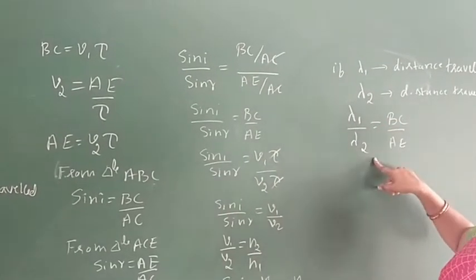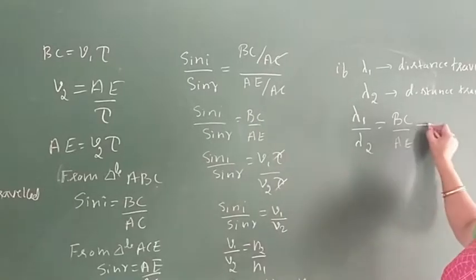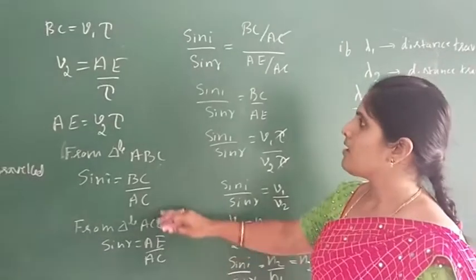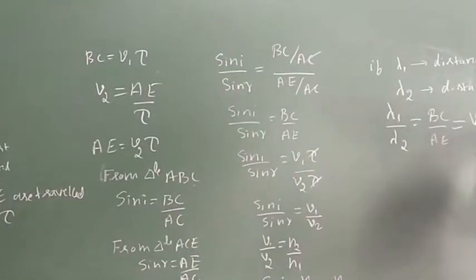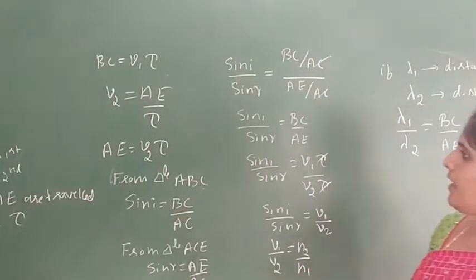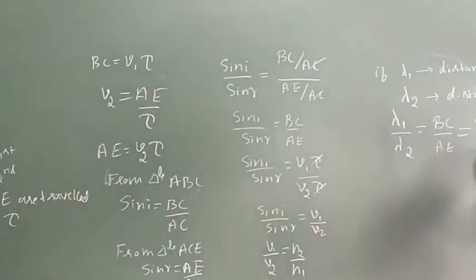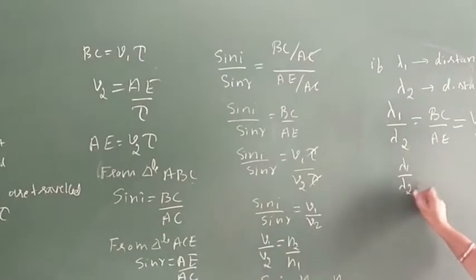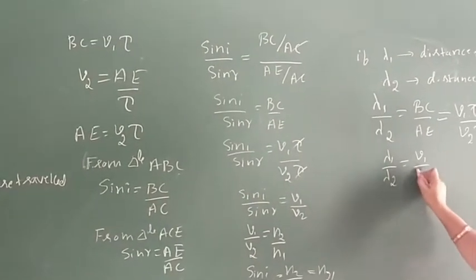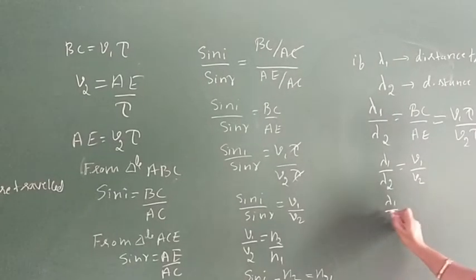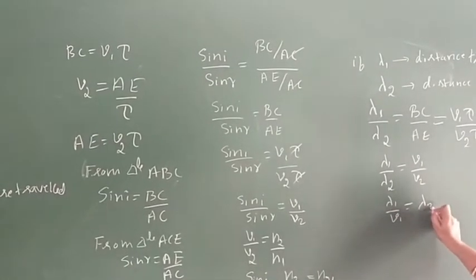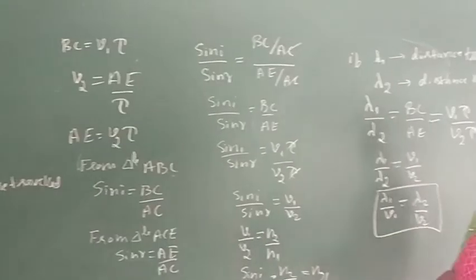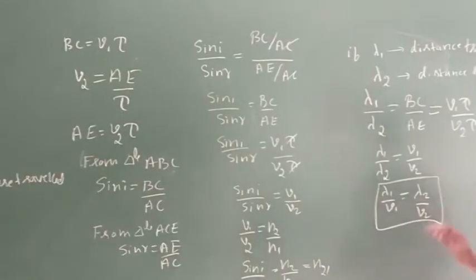So lambda 1 by lambda 2 is equal to BC by AE, that will be equal to V1 tau by V2 tau. So tau will cancel. Then lambda 1 by lambda 2 is equal to V1 by V2, or lambda 1 by V1 is equal to lambda 2 by V2. This is the relation between wavelength and velocity.